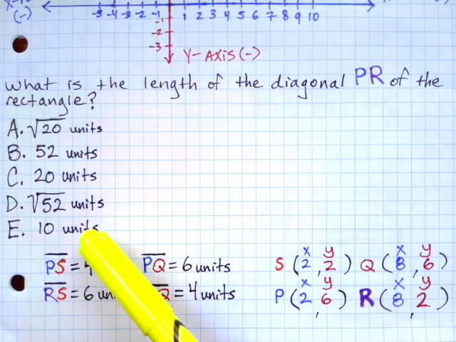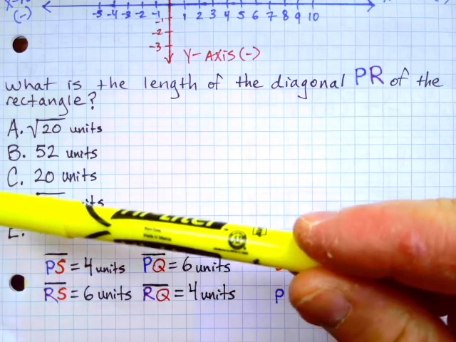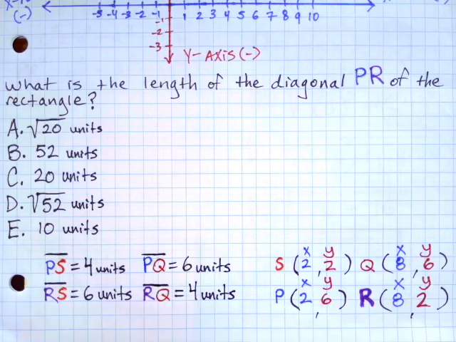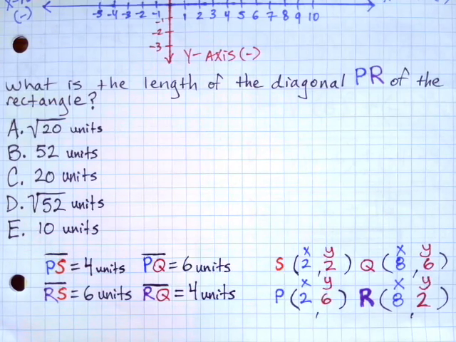But it's something to look at. If you had to guess, I would not include E. I would include some of those other values that seem to repeat somewhat. So math is easy. Take it step by step. The answer here is, again, D, square root of 52 units.